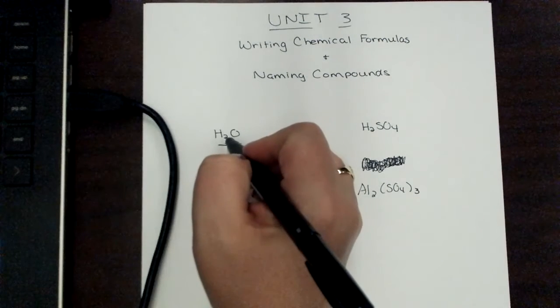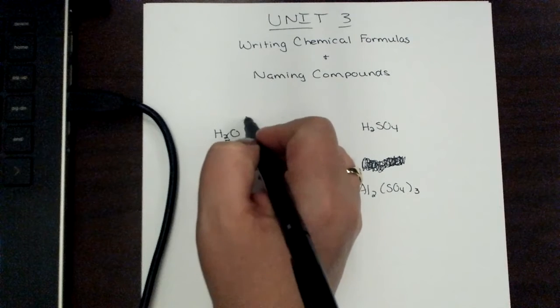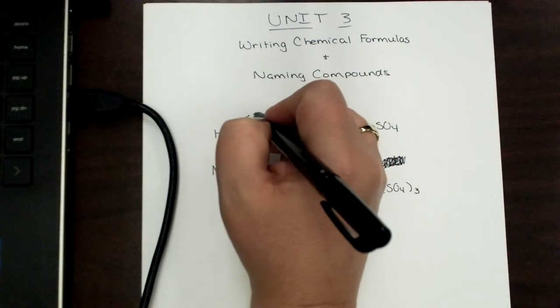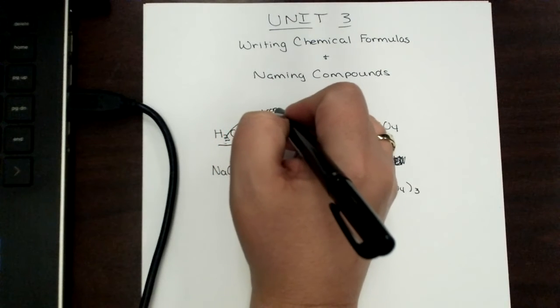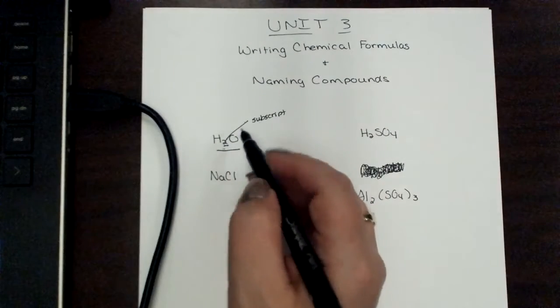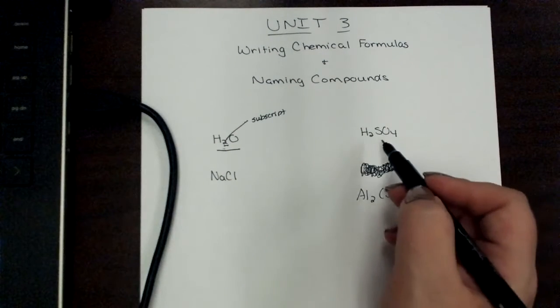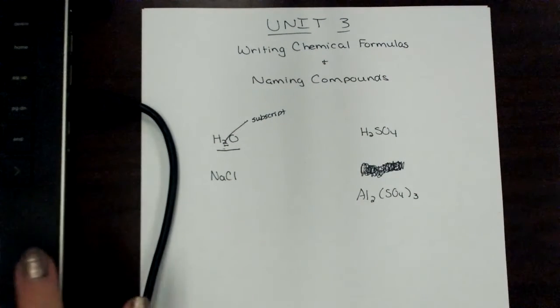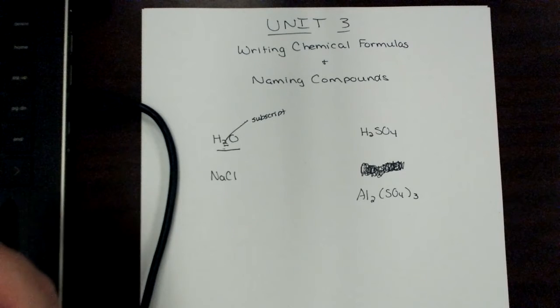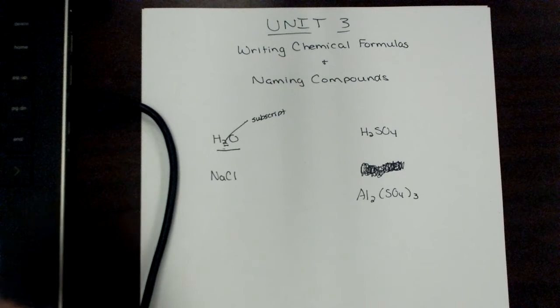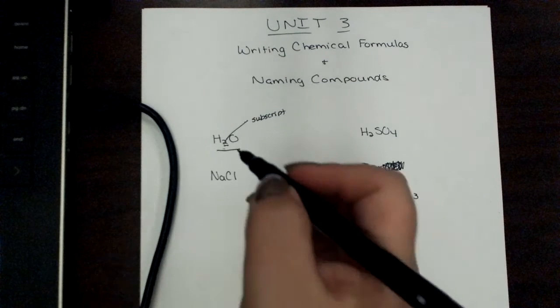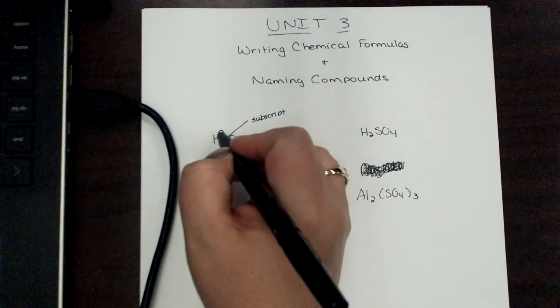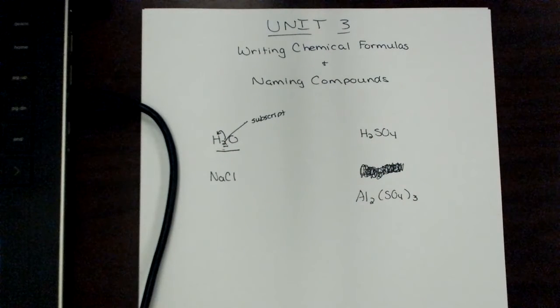This little 2 that you see here, this is called a subscript. A subscript is something that we use throughout writing chemical formulas to tell us how many of that particular element are there, how many atoms of that element would be present. So that 2 goes directly to the element in front of it.